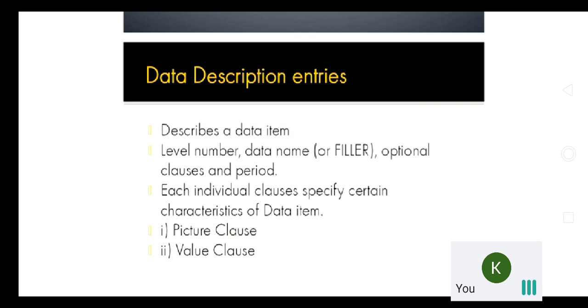With all the data names that we use, surely we use the picture clause, which is mandatory, and the value clause, which is optional. Sometimes we use it and sometimes we won't. The value clause is for giving some initial values to that particular data item. Okay, move to the next slide.